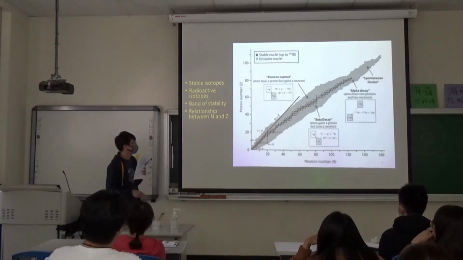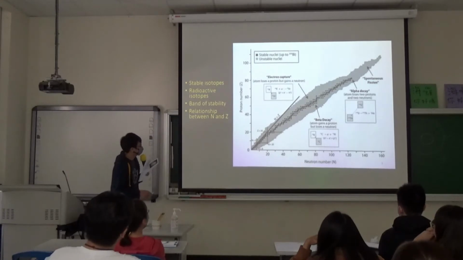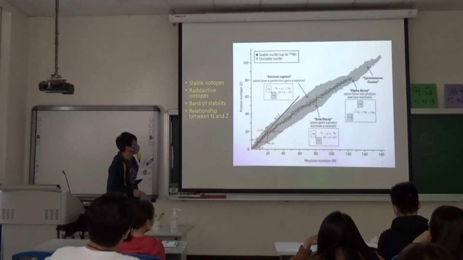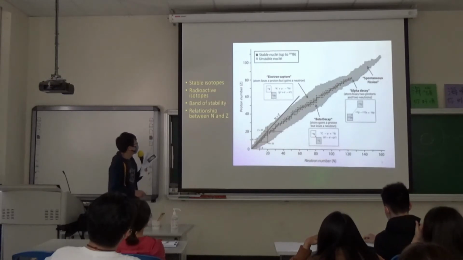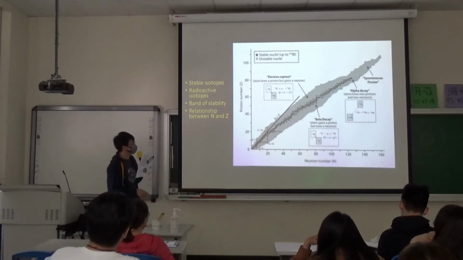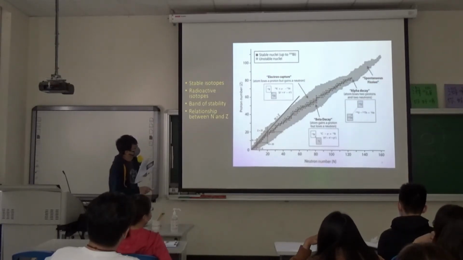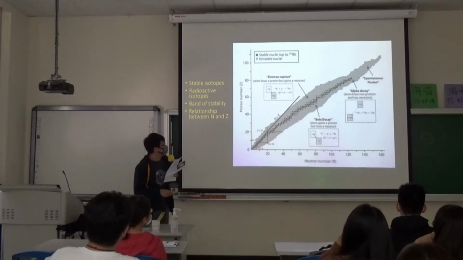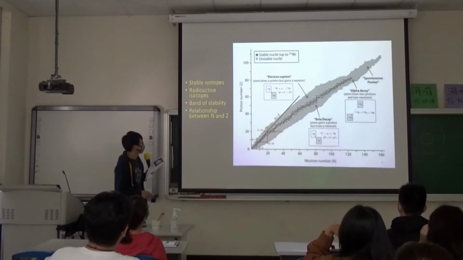The gray ones we call radioactive isotopes because they are not stable. They may undergo alpha decay, beta decay, spontaneous fission, or electron capture.